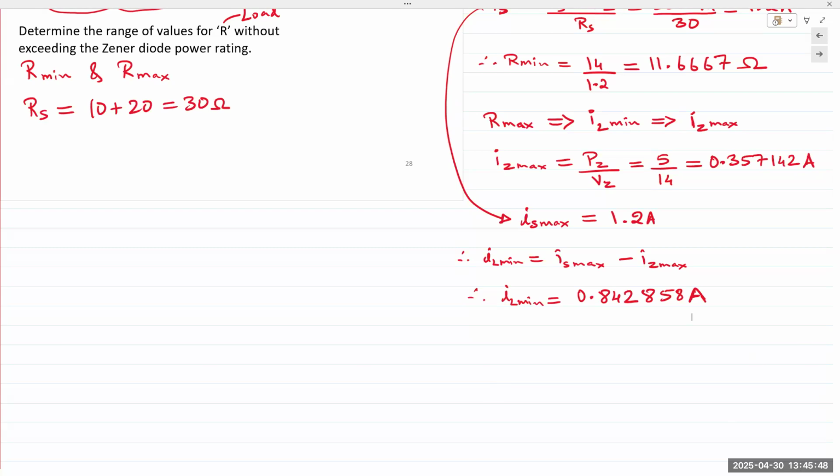Now that we have IL min, we can directly calculate R max, the maximum value of RL, the load resistor, as VZ over IL min.